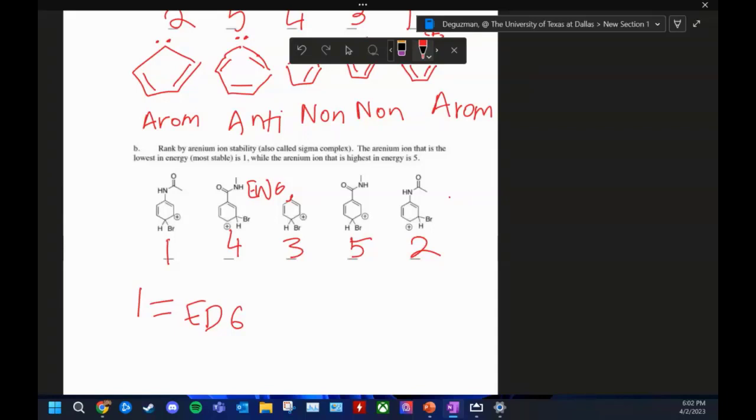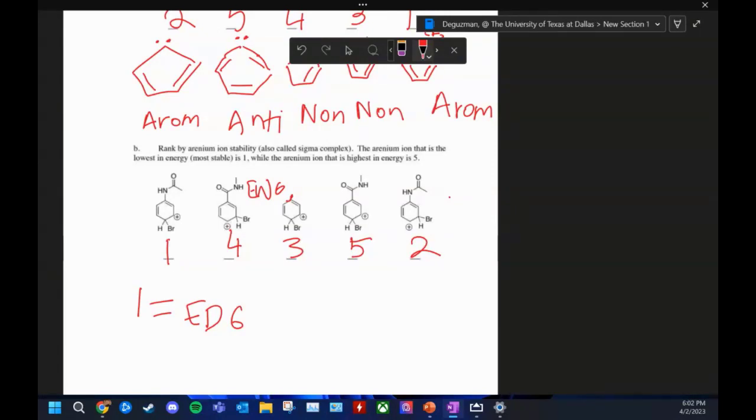I will say, Frank, do you know why 1 versus 2 are the way they are? So when you resonate your positive charge, in the first one, the positive charge lands on the carbon directly connected to the electron donating group.